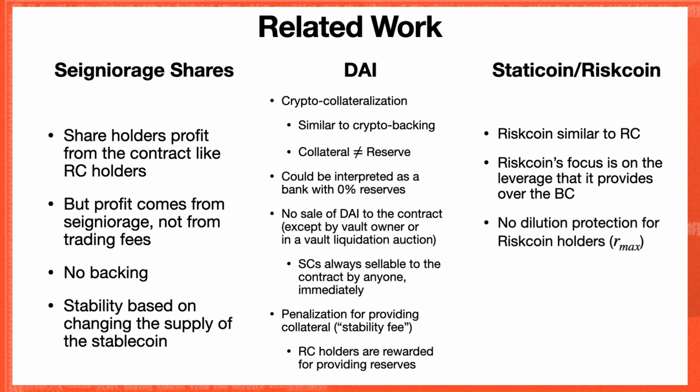Whereas in our case, if you're a reserve coin holder, your primary interest is to profit from the contract through the accumulation of trading fees, right? You also get a little bit of leverage, but that shouldn't be your main focus, I would say, if you're a potential reserve coin buyer.